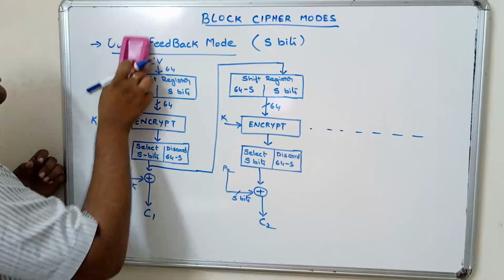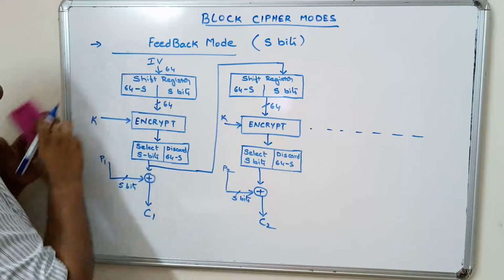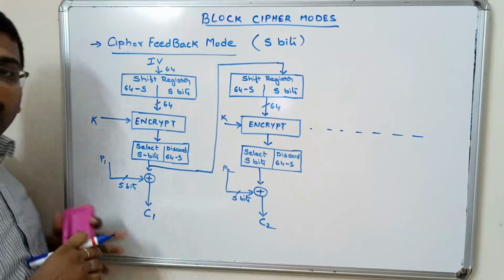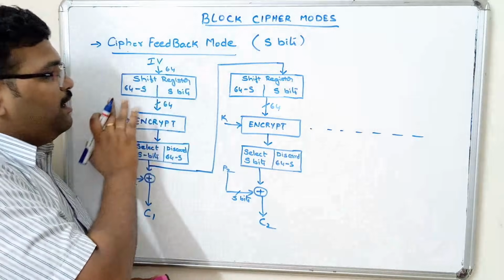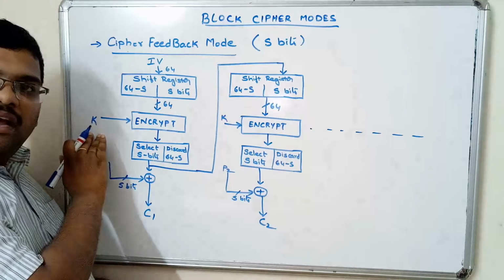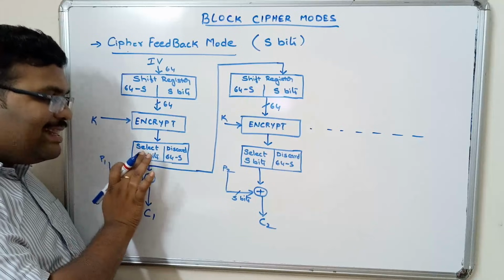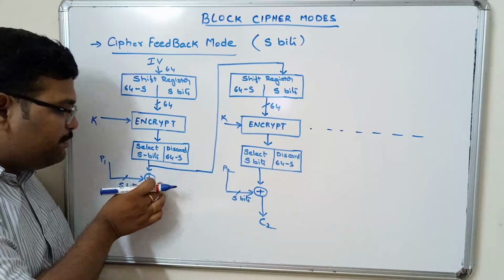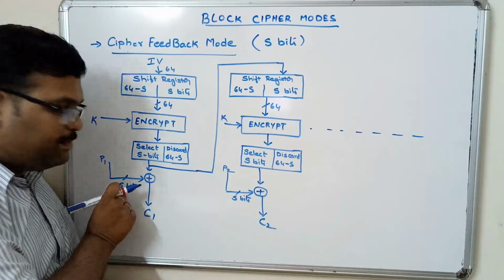Next, simple. Next one is cipher feedback mode. The explanation is same. Here also we have to consider the 64 bits, then divide them into 64 minus S and S, encrypt by using the key K, and select the S bits and discard the 64 minus S bits, and for that selected S bits, apply the XOR operation with the plain text block of S bits.